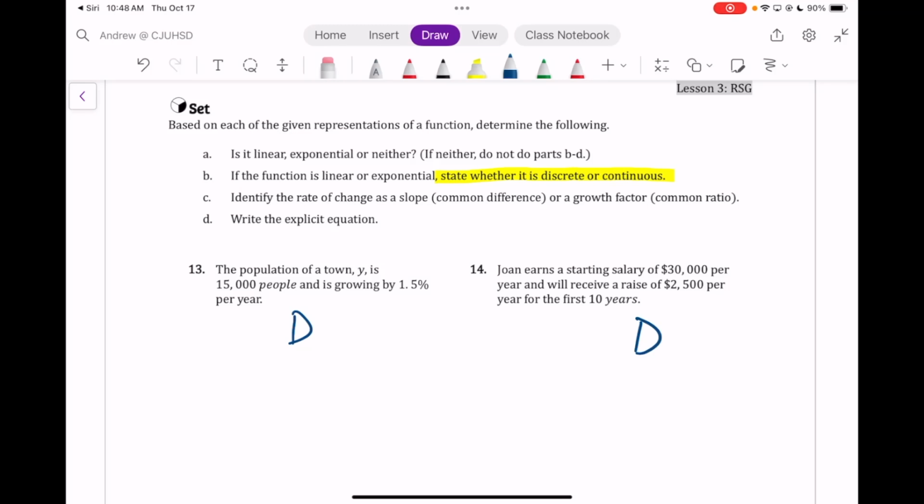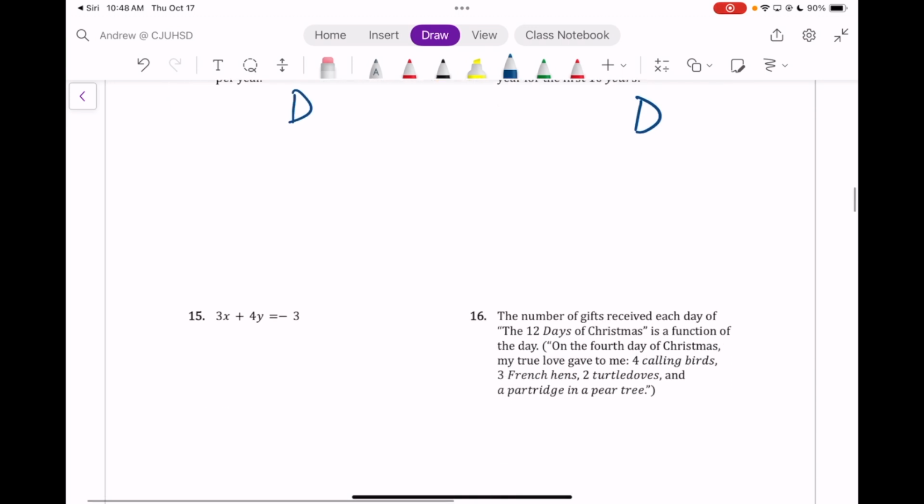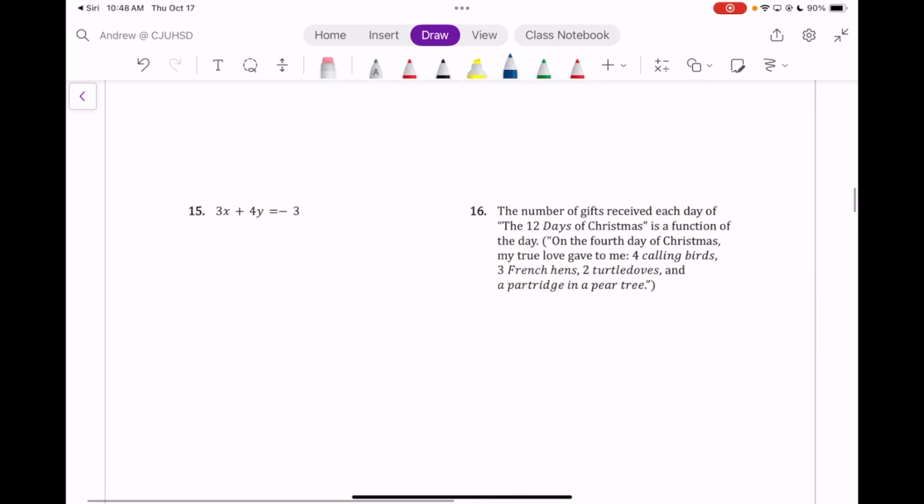Now, 15, one of the things we said in the last video is that when you see X and Y, someone is trying to communicate with you that it's a continuous function. And then I sort of disagree about number 16. I know the solution in the book says that this is continuous.